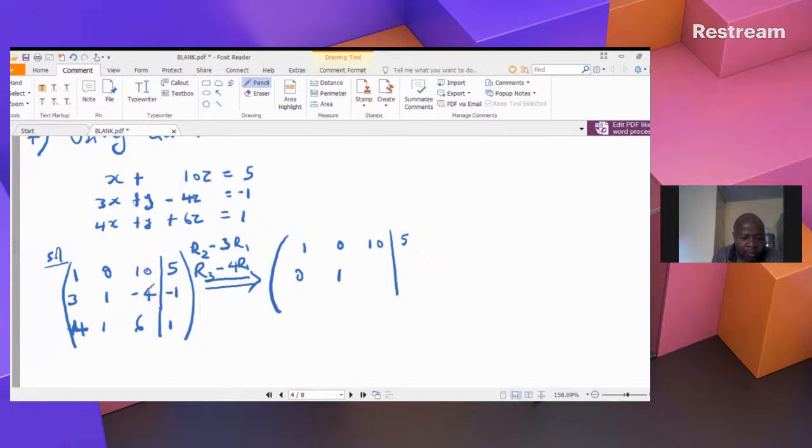Subtracting that 30 from negative 4 will be negative 34. And then 3 multiplied by this 5 is 15, subtract this 15 from negative 1 to get negative 16.